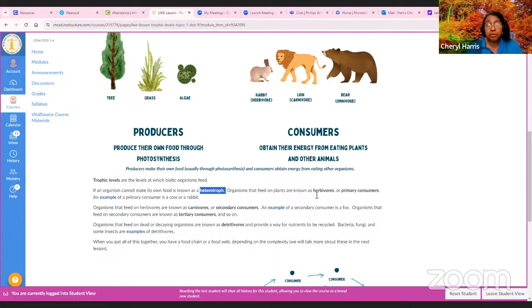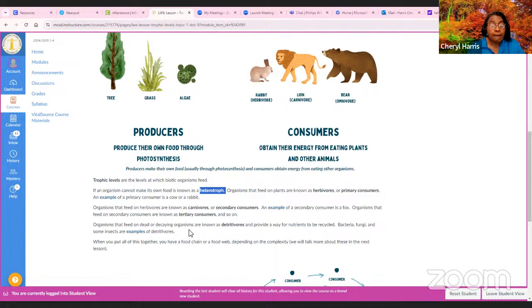We have herbivores, which are the first level of consumer, or primary consumer, because they eat the plants. So they are the first level. And then you have your carnivores, which are your secondary consumers. The animals that eat the animal that ate the plant are carnivores, or secondary consumers. And the ones that eat the secondary consumers are tertiary consumers.